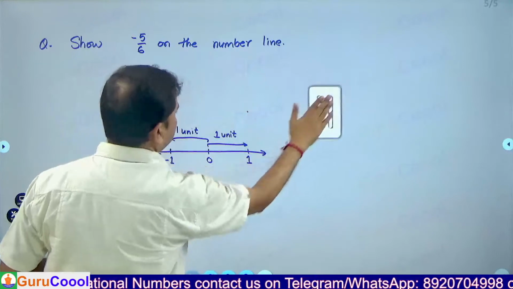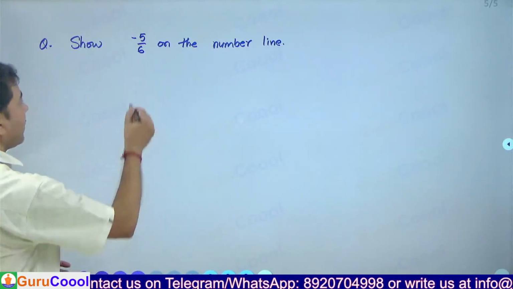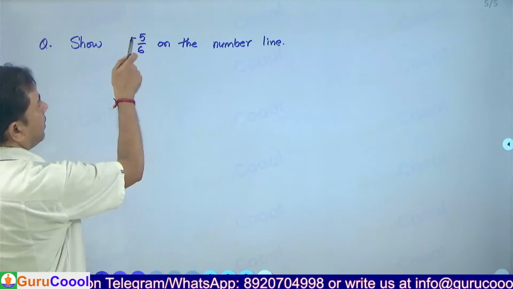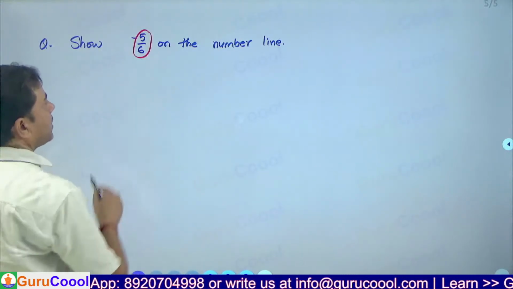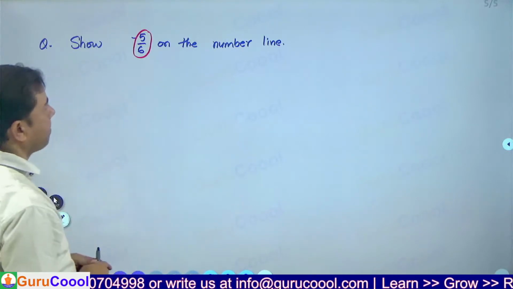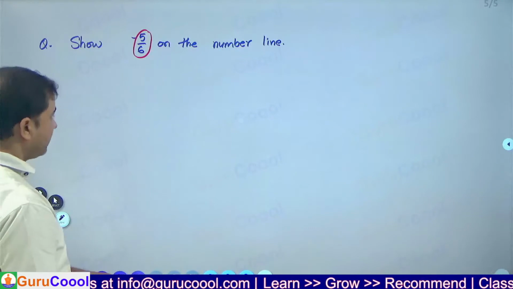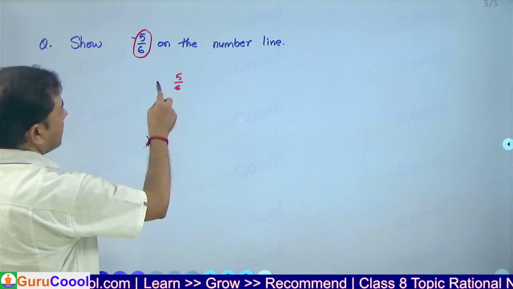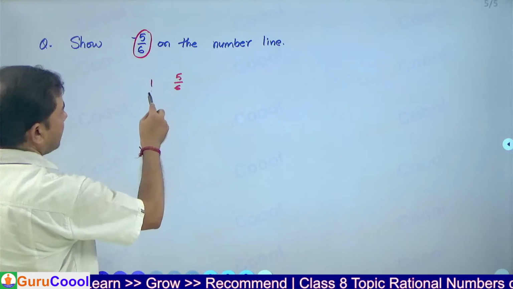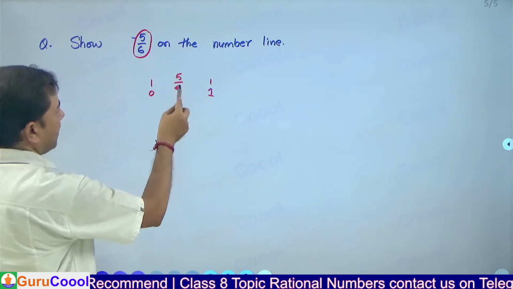Now we will apply this idea to do our question. If we ignore the minus sign, we look at 5/6. That is a proper fraction. Means between 0 and 1. 5/6 is between 0 and 1. Here it is 0, here it is 1. Between 0 and 1, we have 5/6.